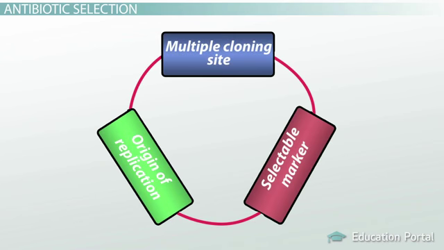Since the transformation process is inefficient, we need a way of distinguishing the few transformed cells from a lot of untransformed cells. Luckily, most plasmids used in transformation experiments include a selectable marker.